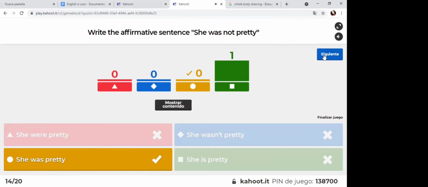No, the correct sentence is she was pretty. So we only have to omit this. To make the affirmative of she was not pretty, we say she was pretty.